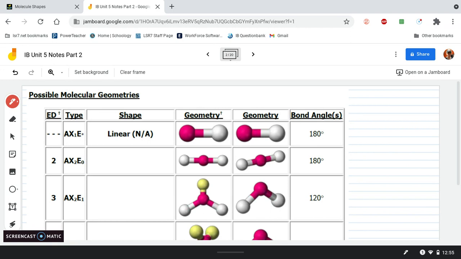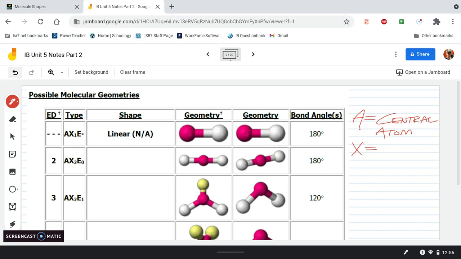So what are the A's and the X's and the E's? Okay, so the A is going to be a central atom. So most everything is going to have a central atom. And so if it follows our patterns, it's going to have a central atom. Okay, so we're not going to deal with a lot of things that don't have central atoms, and so that's going to be super duper common. Okay, what is an X?